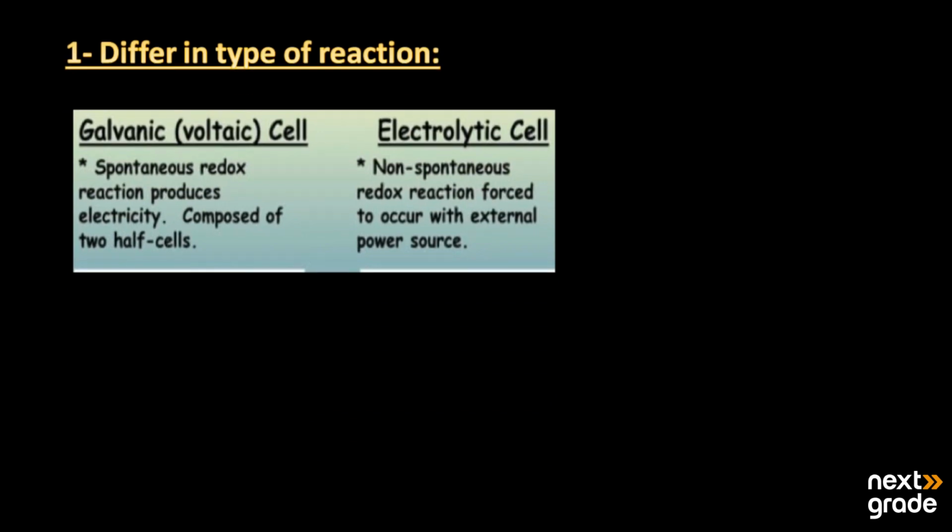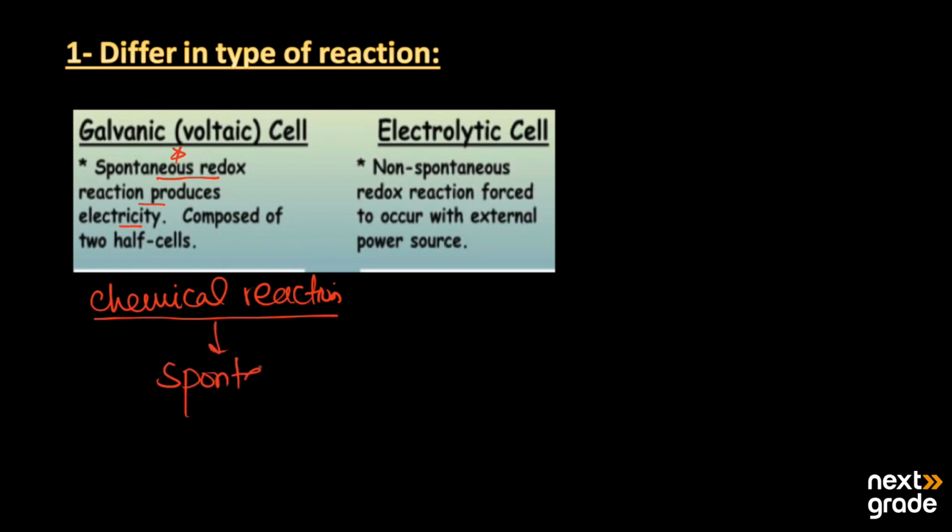First, they differ in the type of reaction. The galvanic cell or voltaic cell is the cell in which a spontaneous redox reaction produces electricity, or simply the chemical reaction happens without the assistance of any type of energy. That's why we call this a spontaneous reaction.